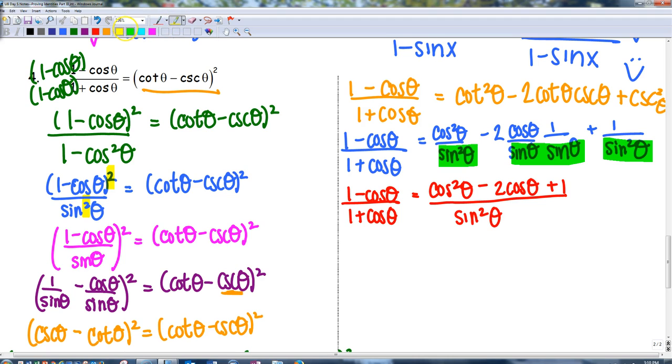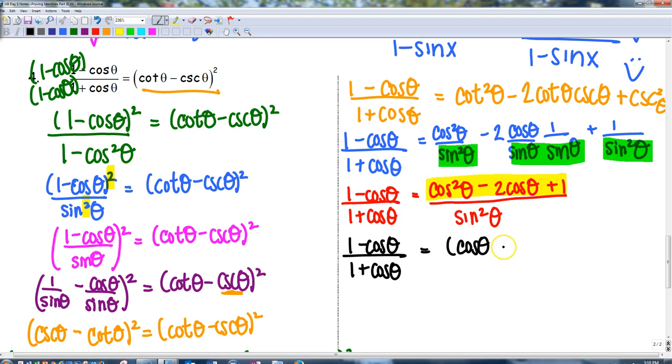Okay. Next, this is something that we can factor. Multiplies to 1, adds to negative 2. That would be negative 1 and negative 1.